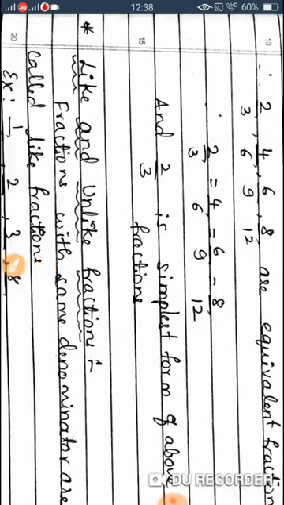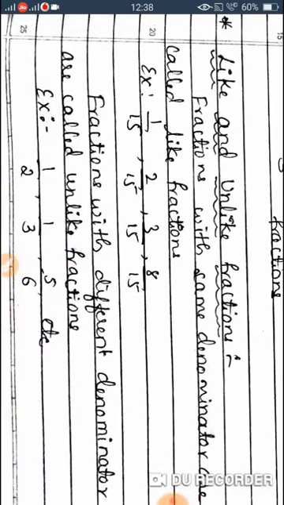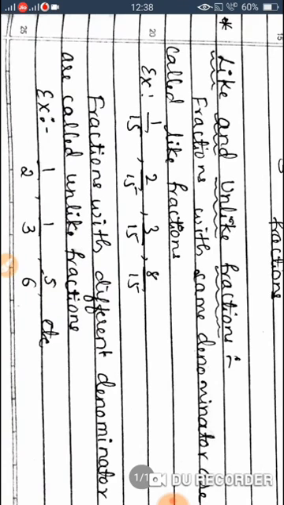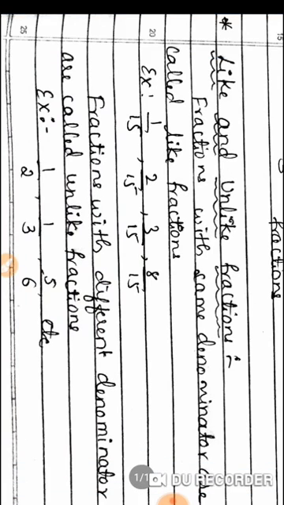Then let us go for like and unlike fractions. See here, like means some characters will be the same, isn't it? Unlike means some characters are not the same. So here, which should be the condition as the same? It should be the denominator. Why?